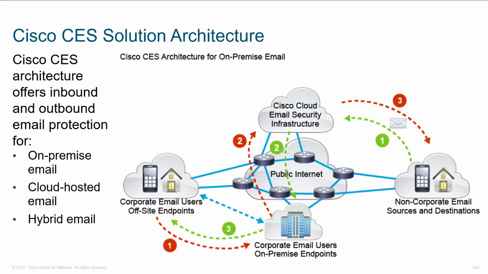The CES architecture that you see here is where Cisco's cloud basically handles all of your email processing. Again, if you don't have many servers left, maybe you're doing most things on AWS, Azure or DigitalOcean or whatever, you go, you know what, it just doesn't make sense for me to buy an ESA, C-series unit and screw it into a rack. We go, okay, well, you could use a solution that's in the cloud.